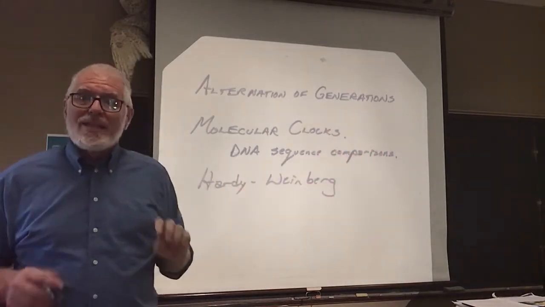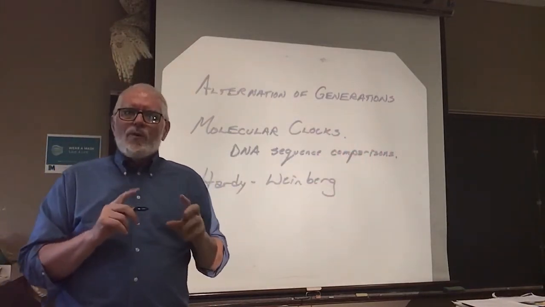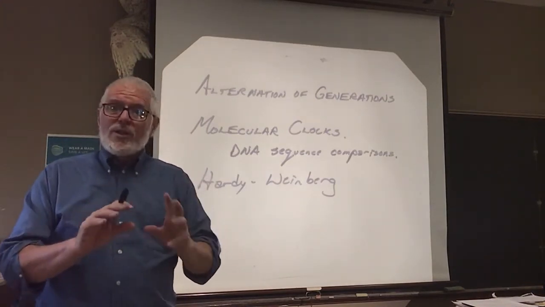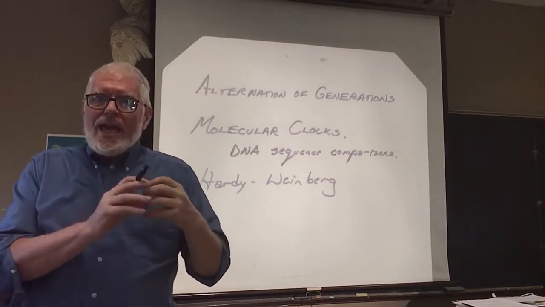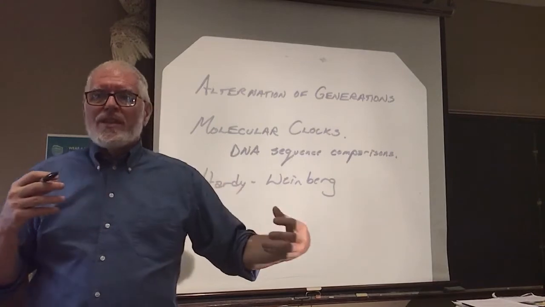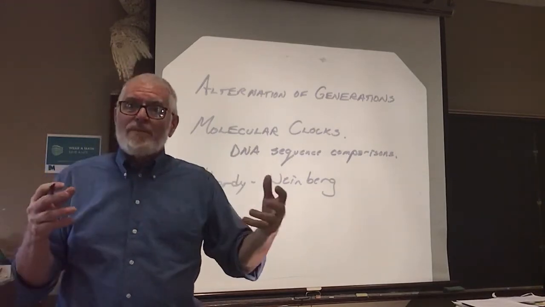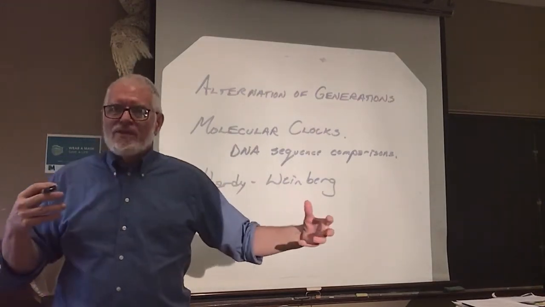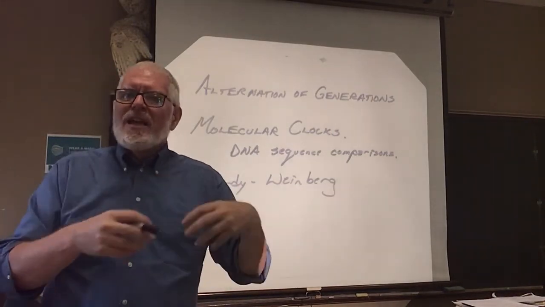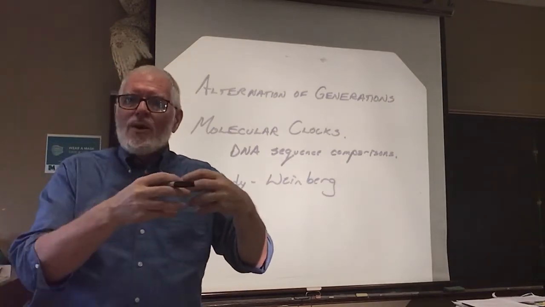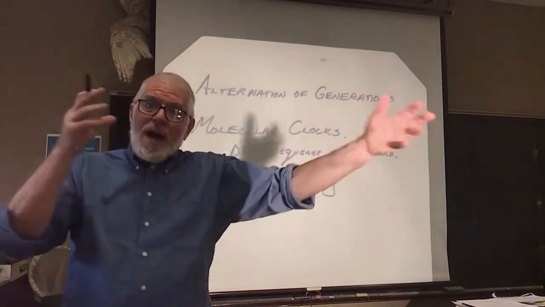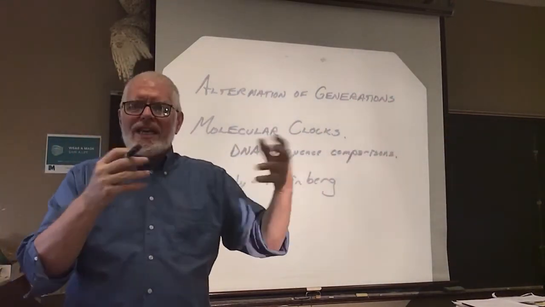Well, Hardy and Weinberg said that once you get an allele in a population, in a gene pool, as long as certain conditions are true, it will stick around, it will occupy the same ratio within the population over time. So as the population grows, the number of possessors of that allele will grow, right? You get a mutation in, you produce 5 kids, 3 of them pick that mutation up. Now it's a little bit more individuals have it, but the population has grown too, so the proportion stays the same.